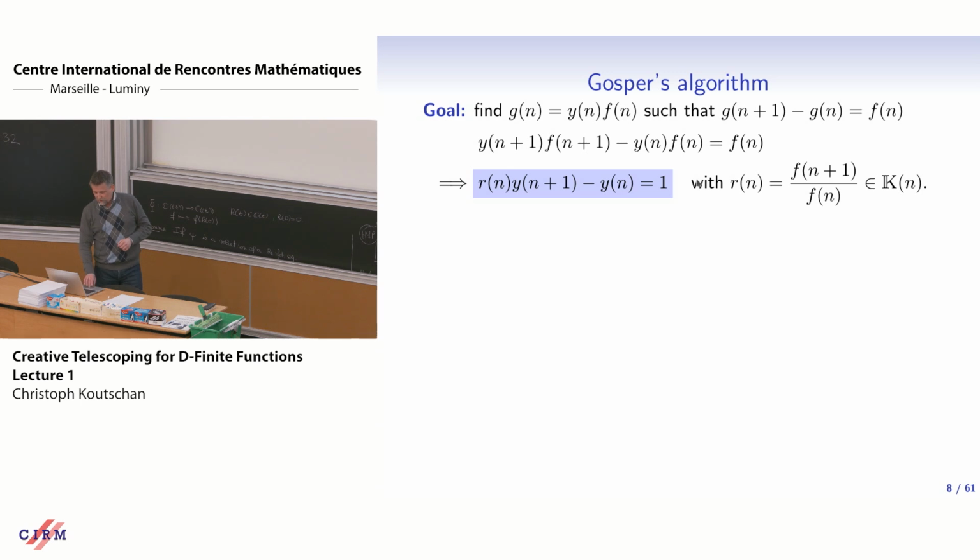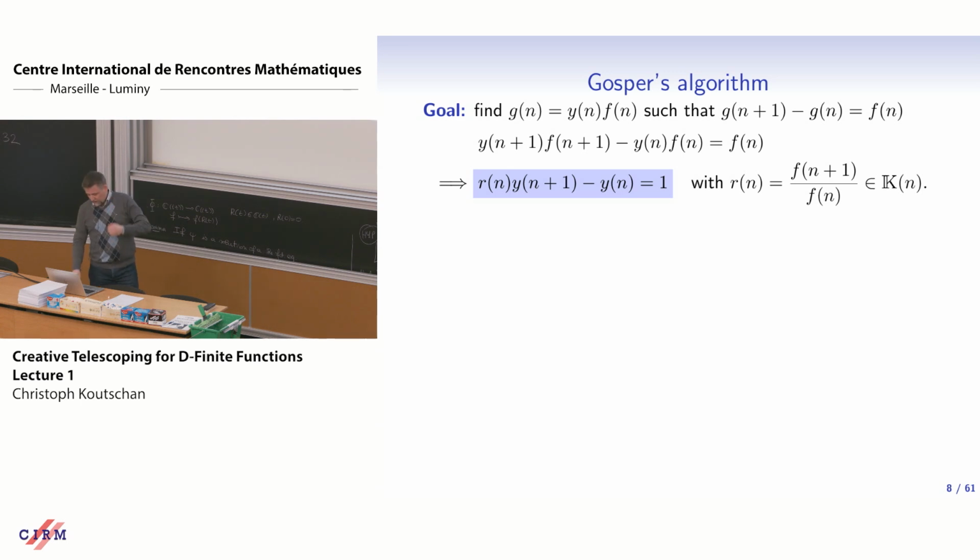So our equation now looks like this. And if we have some knowledge about how to solve such difference equations for rational functions, we could stop here and say, okay, now we give this to a solver that computes all rational function solutions of this difference equation, and either a solution exists or not, and we are done.